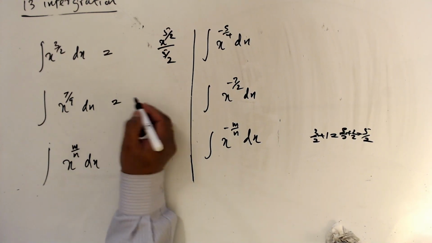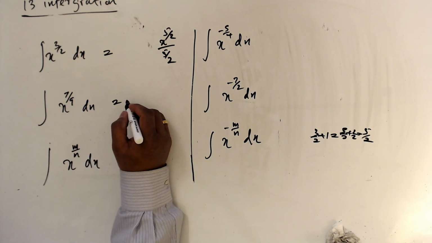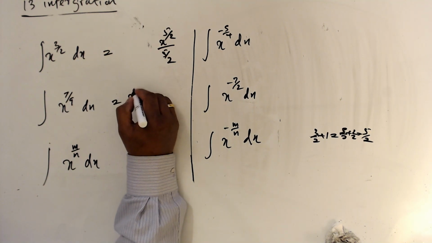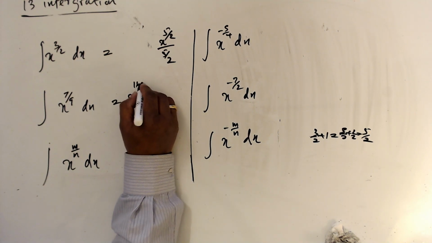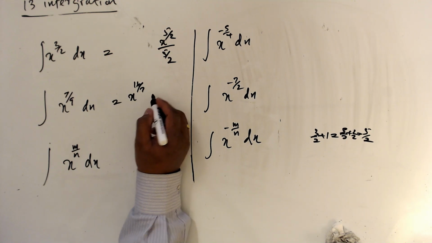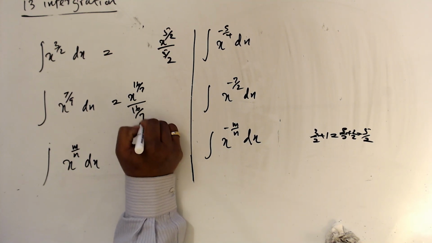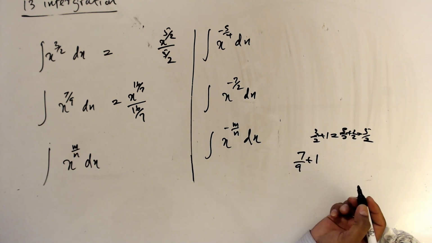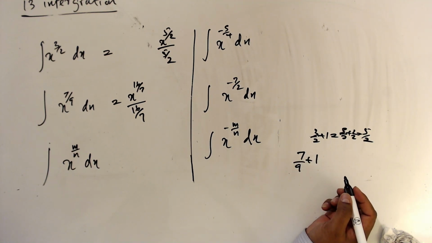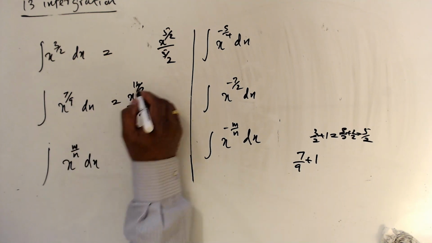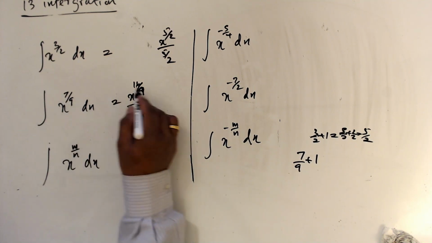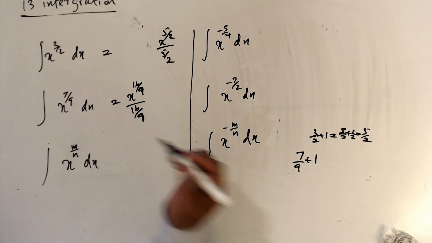Likewise, x^(7/9), then x^(16/9) divided by 16 over 9. How did I do this? So 7 over 9 plus 1. Sorry, this is 9, I had to write here. 16 over 9, and yes, over 16 over 9.